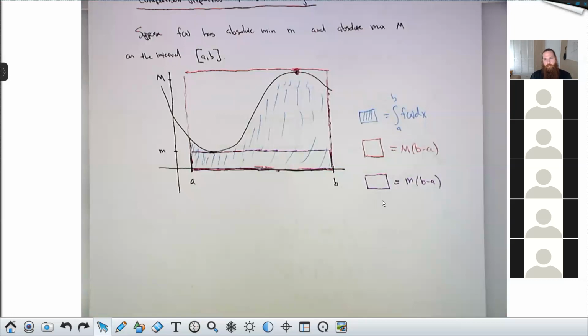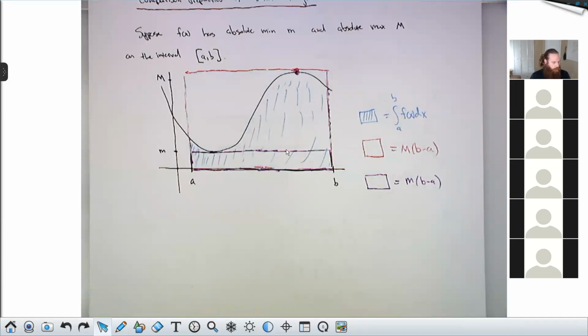What about the blue and the purple though? Which one is bigger? The blue is bigger, because the purple fits entirely inside the blue. Because the blue fits entirely inside the red, the blue has to be smaller than the red.